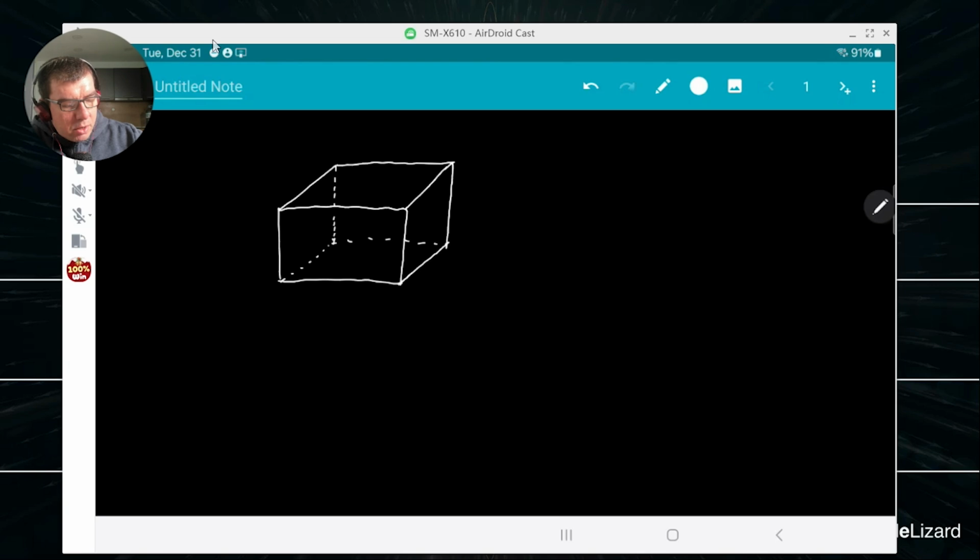Okay, so as you can see, this prism has 6 faces in total. We have 2 bases, upper base and lower base, and we have 4 lateral faces. Okay, so let's name the vertices A, B, C, D, A1, B1, C1 and D1.